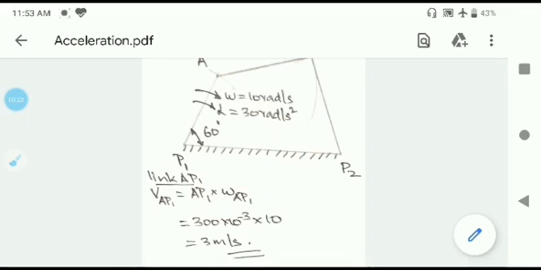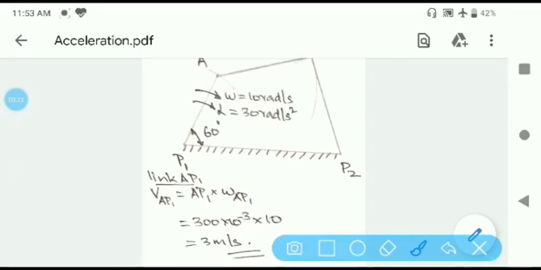In the question, the angular velocity of the crank is given as 10 radians per second. Using that, we can find the magnitude of linear velocity of point A relative to P1 using this formula, that is V equal to R omega.